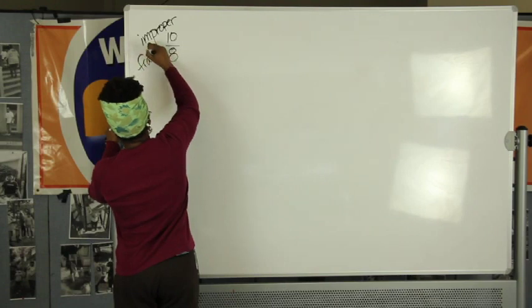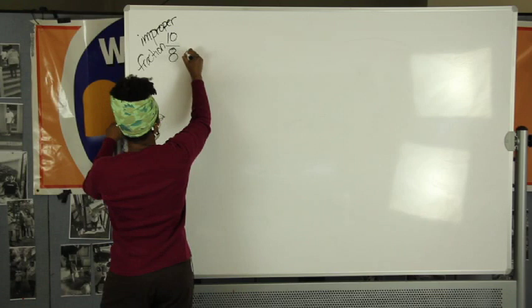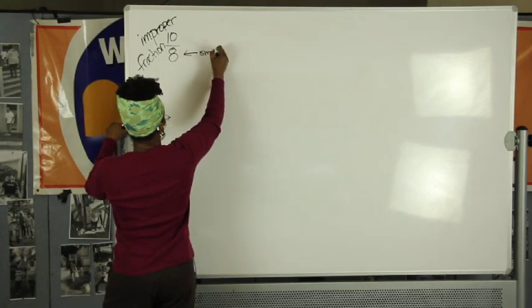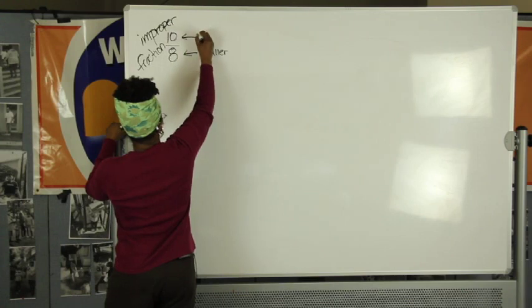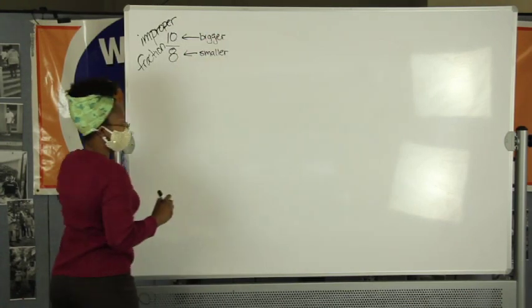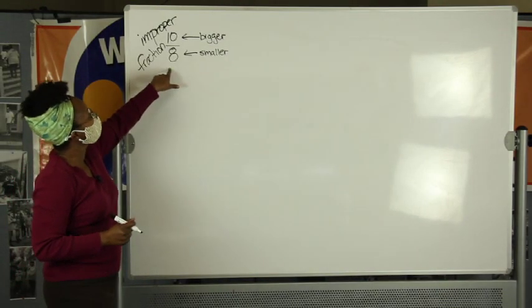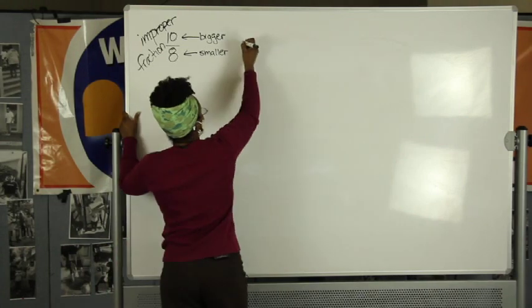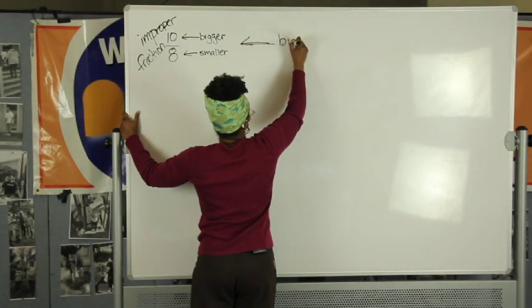And the reason it's an improper fraction is because the bottom number is smaller than the top number. And what does that mean? That means that the improper fraction is always going to be bigger than 1.